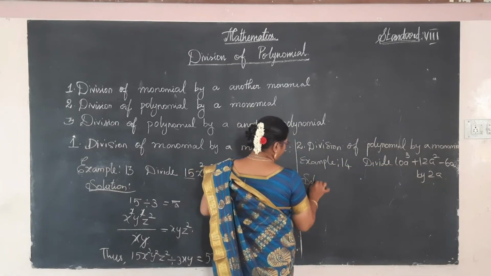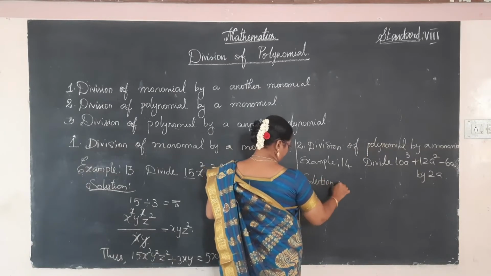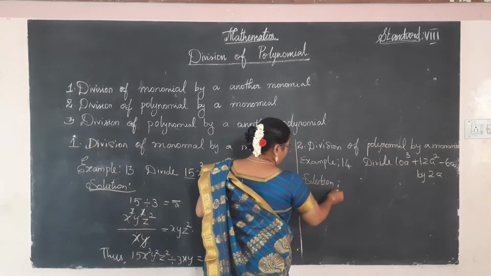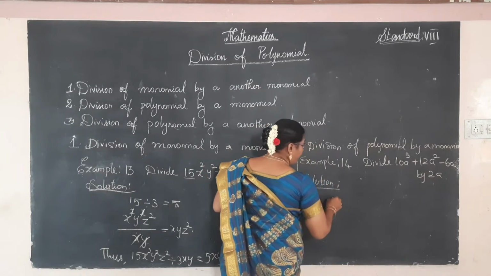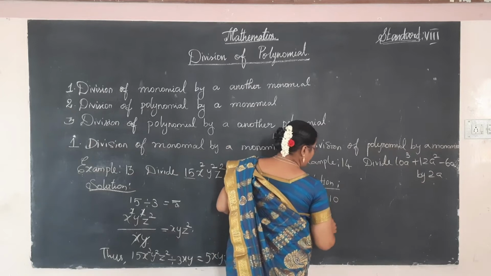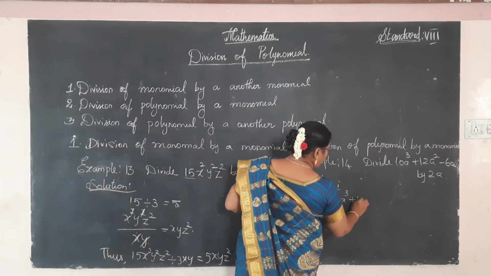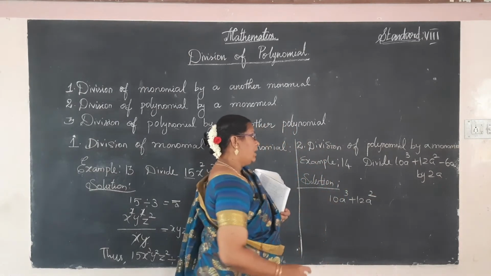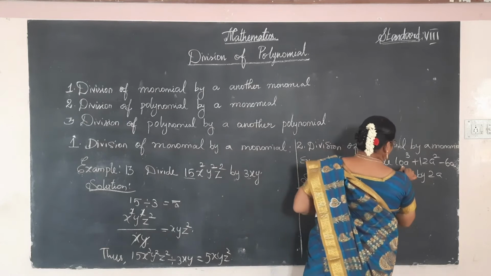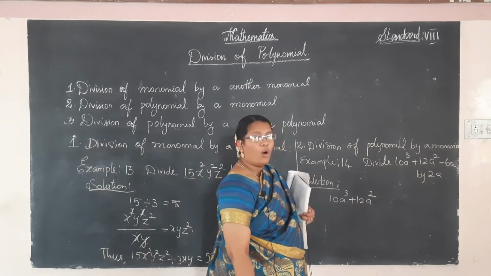Solution. First we write the division, 10a cubed plus 12a squared minus 6a. See here, are the terms in the algebraic expression in order?